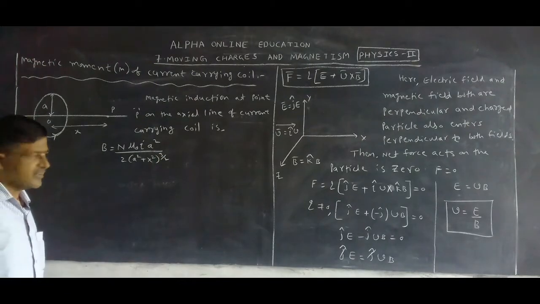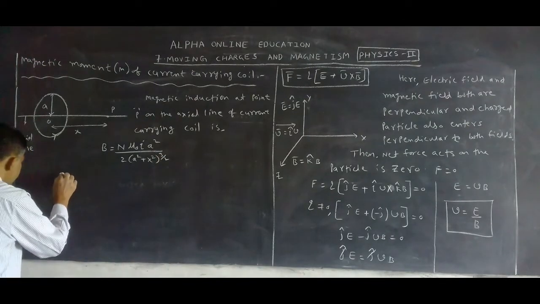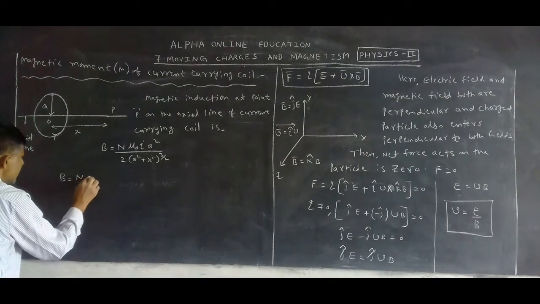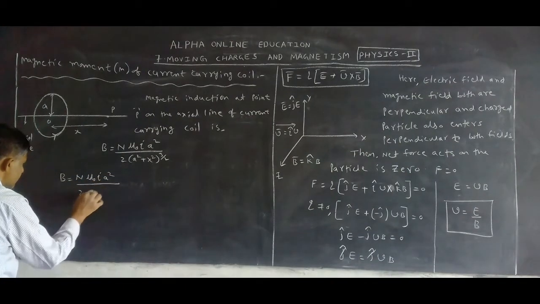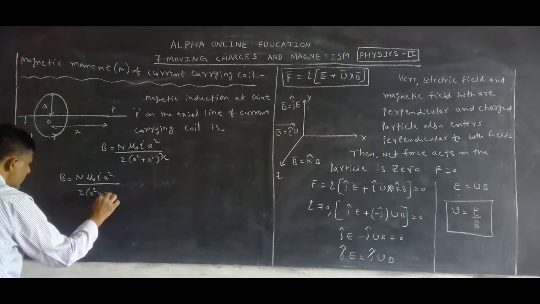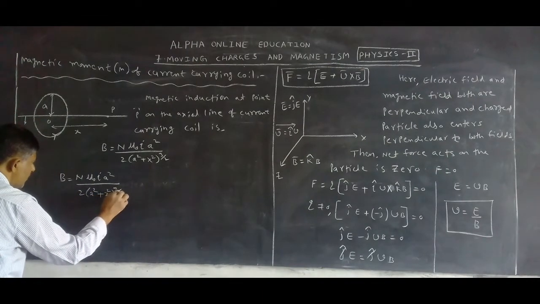This is the equation we derived. Now, B = N mu 0 I A square by 2 (A square + X square) whole power 3 by 2.